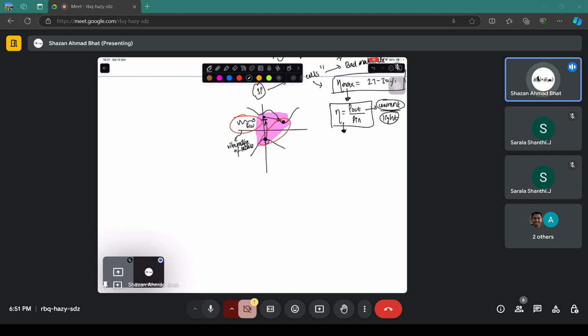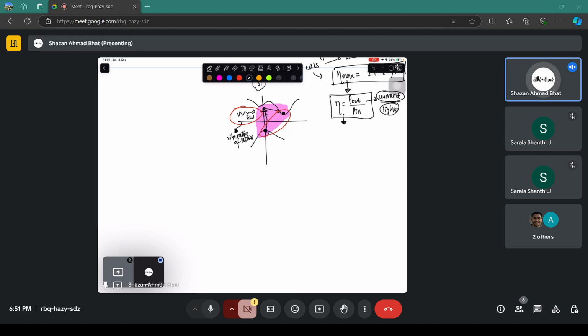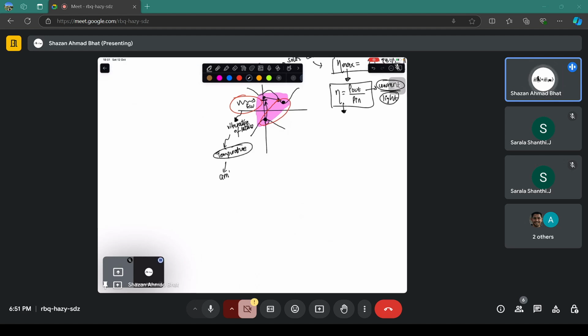So if it is mediating, if it is helping in the electron hole pair generation, apart from the light, then you know that this phonon energy depends upon the temperature. Whenever you place a solar cell in an ambient environment, the temperature keeps on changing.